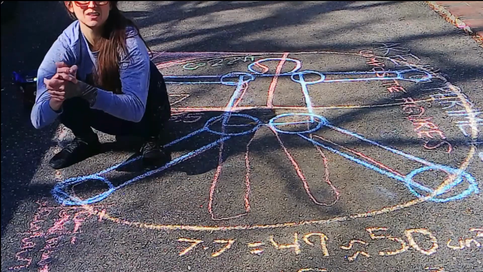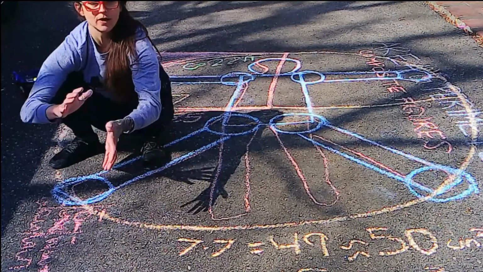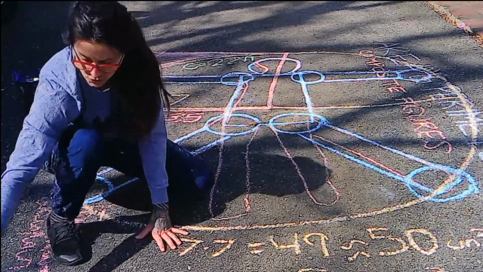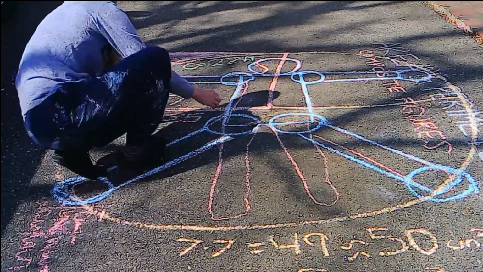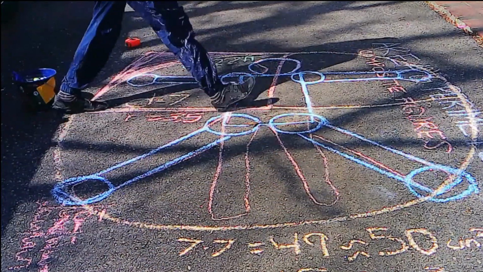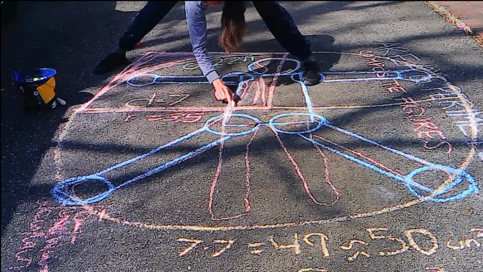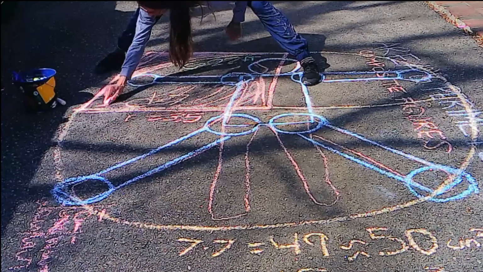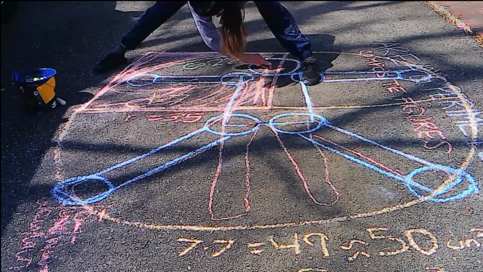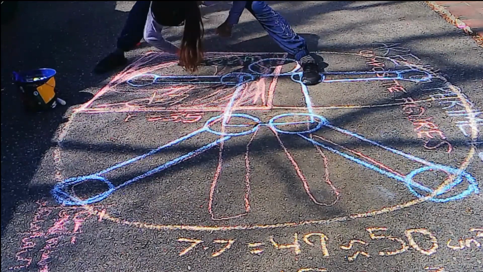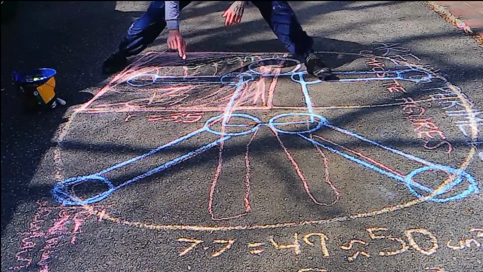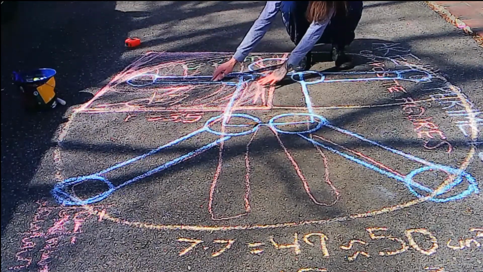Okay, so I'm going to say that 3.5 squared is about 12. Works for me. So if the area of this square, I'll shade it in. So the area of this square is about 12 square feet.